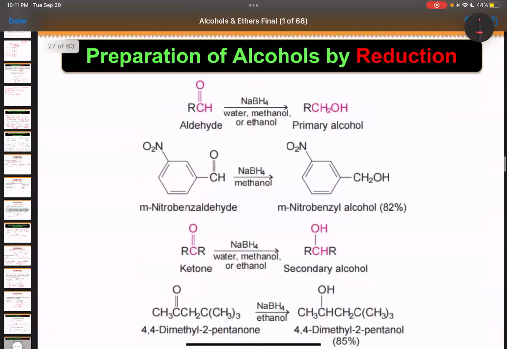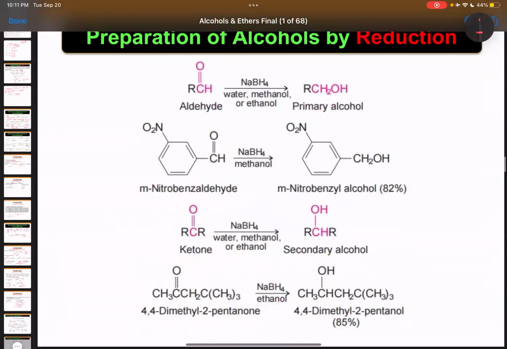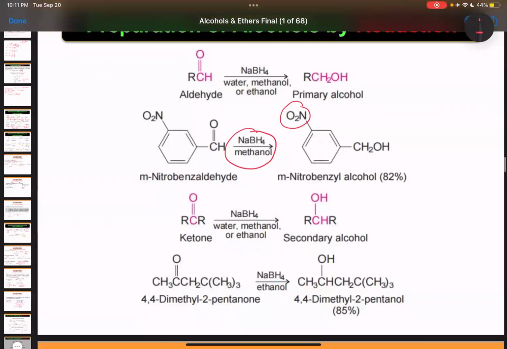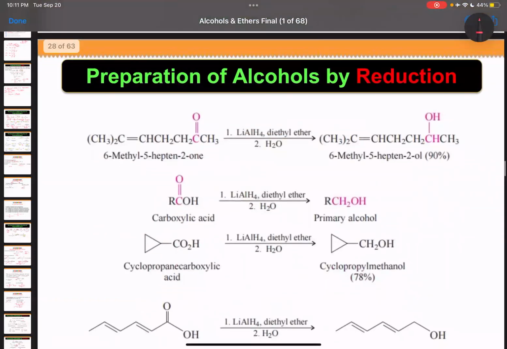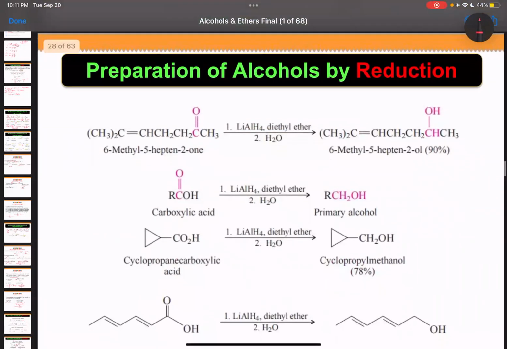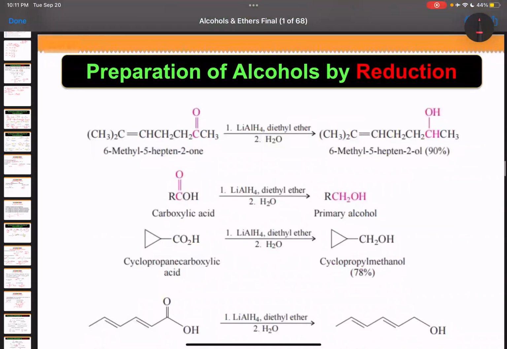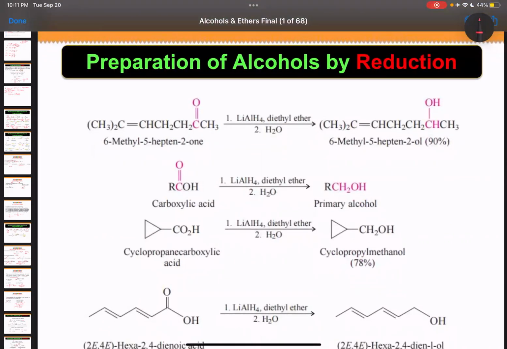So what about this one? This is also the same. NaBH4 is weak, it is not going to reduce this. And LiAlH4 and NaBH4, what's the characteristic? What type of bonds are not reduced?